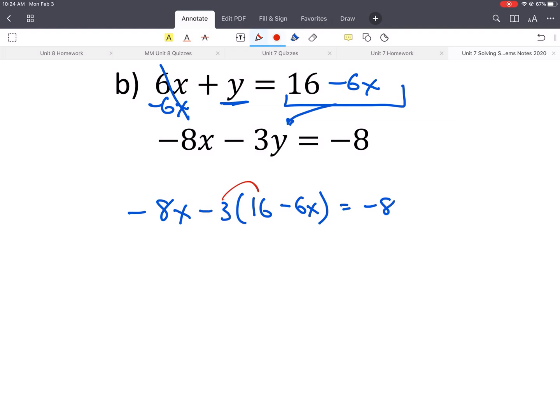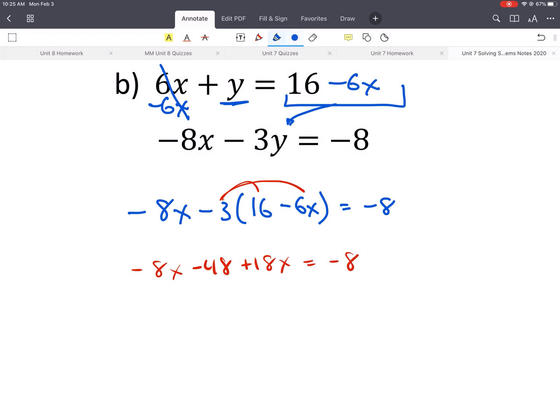We'll distribute, so we still have this negative 8x, negative 3 times 16, so negative 3 times 16 is negative 48. And then we'll do negative 3 times a negative 6 gives you a positive 18x is equal to negative 8.